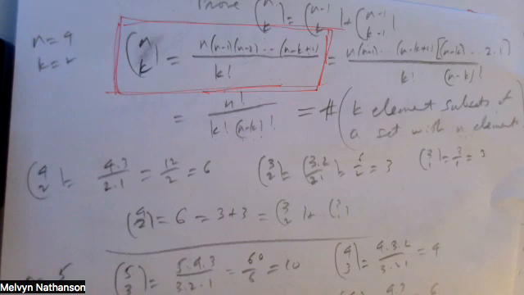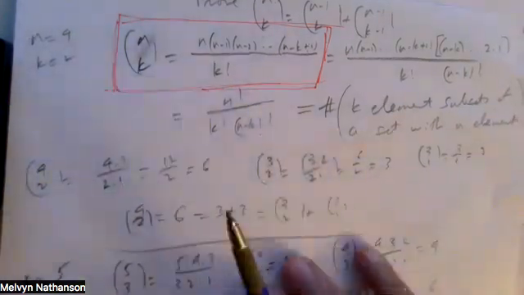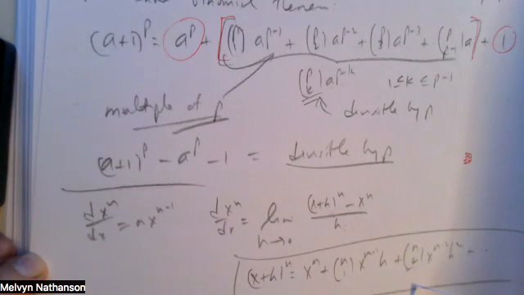So in the text in chapter 7, on page 165, there's Newton's binomial theorem. In the simplest binomial theorem, you have x plus h raised to the power n, where n is a positive integer.